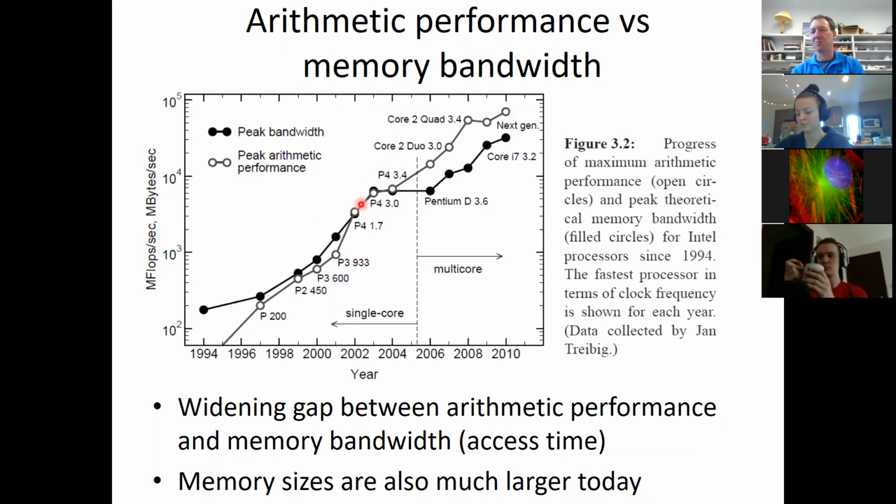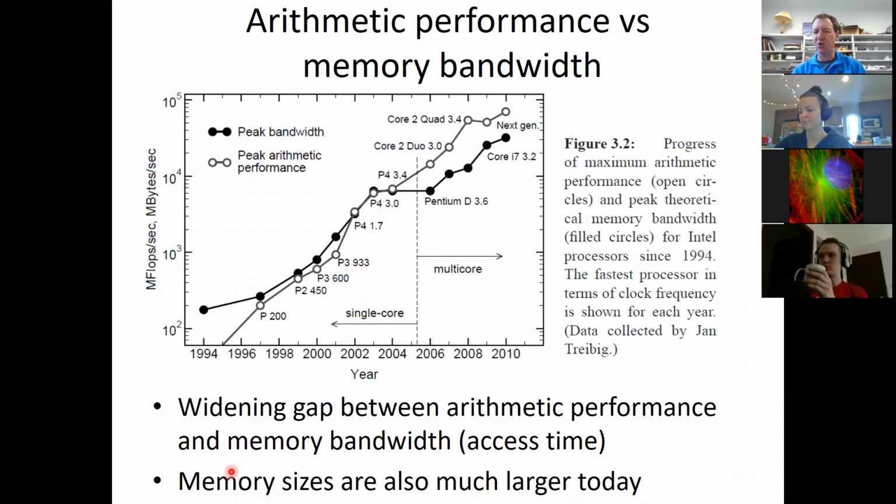However, there was a generation change of memory access, and the memory access per processor unit actually fell behind. It has partly to do with this changeover from single core to multi-core processors, but also overall there is a widening gap between memory access and arithmetic performance.